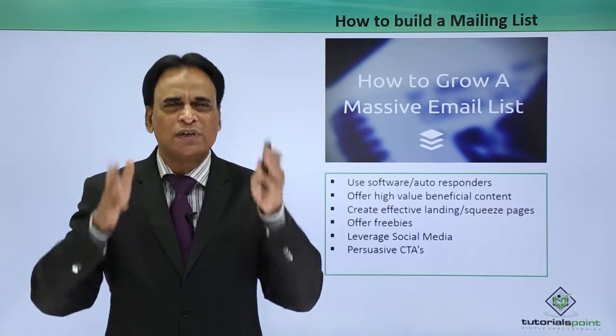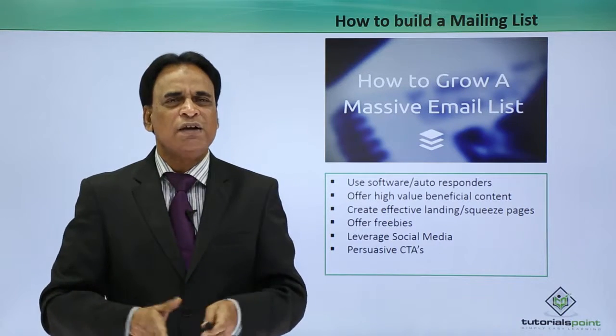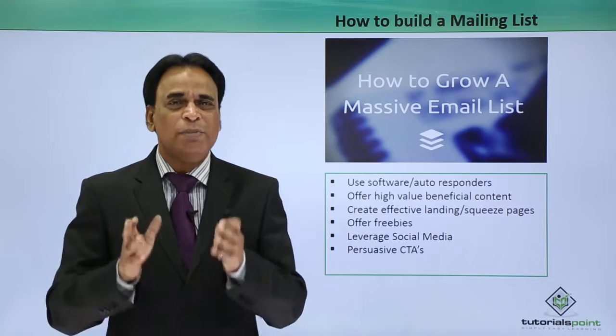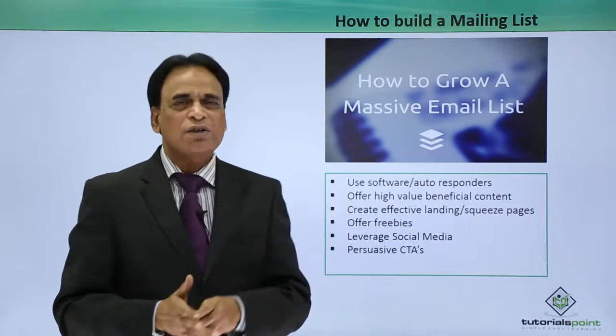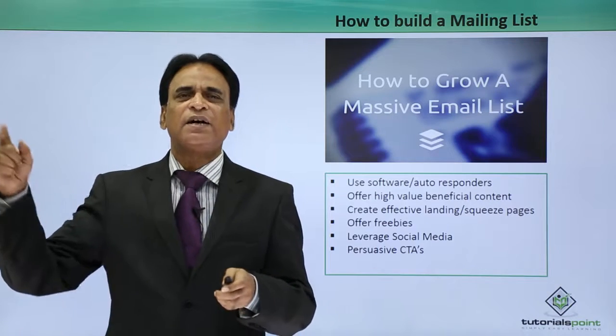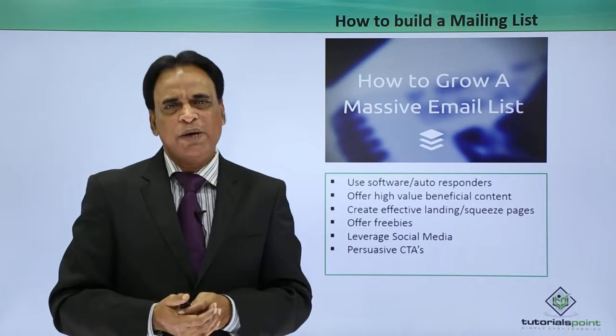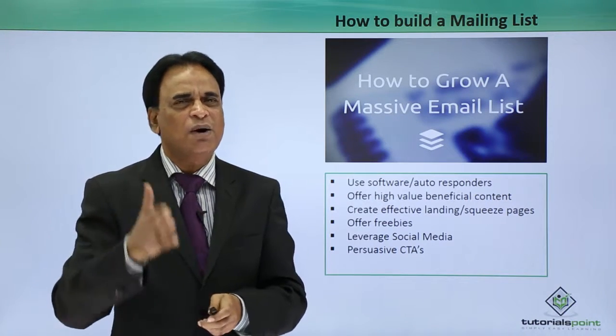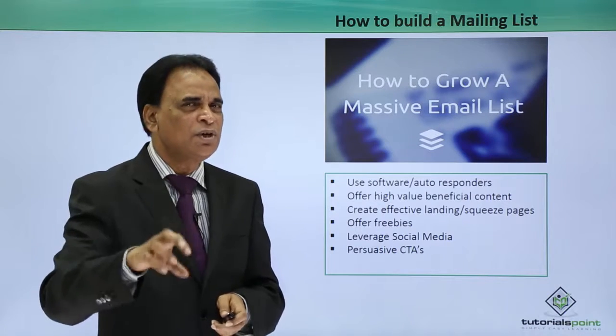That is not going to work if you are a serious business. If you want to do serious business, make sure you use automated autoresponder software that automates the entire process of your email marketing campaign, and that is how you should be doing it.